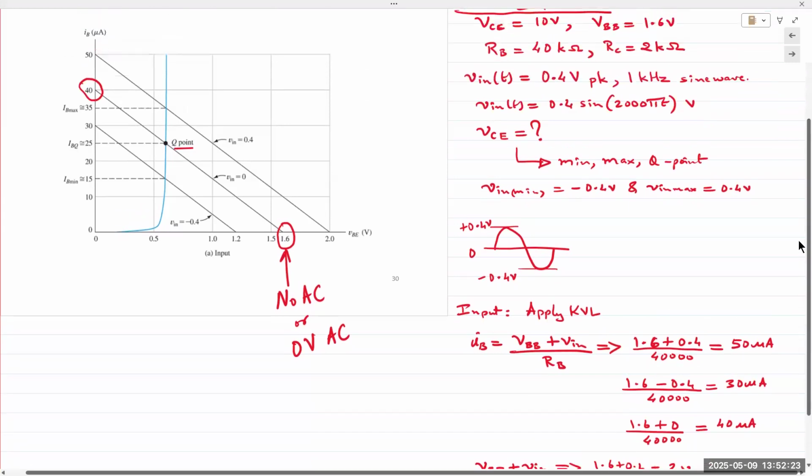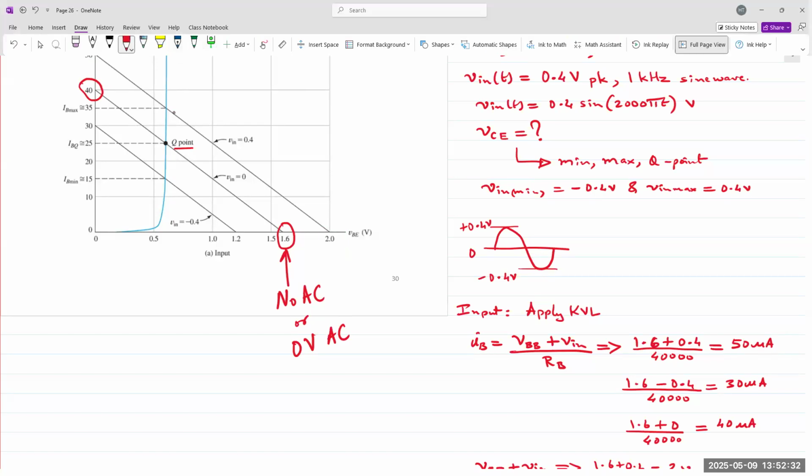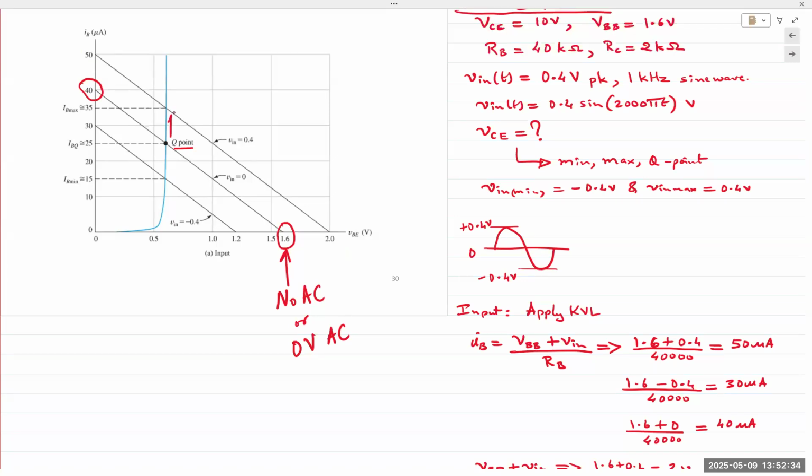And that load line has shifted upwards. And so we have this 2 volts and 50 microamps. And so now our Q point has shifted up. And that intersection is approximately IB equal to 35 microamps.